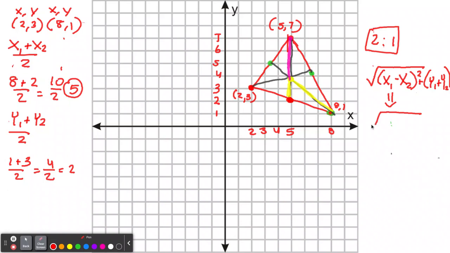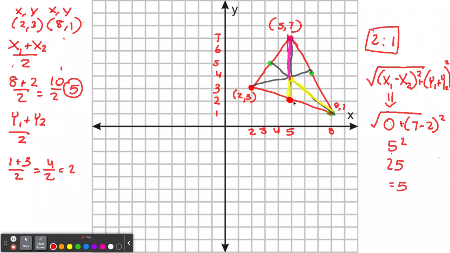The x's are both 5, so that's just 0, and we don't have to worry about that. For the y's, we have 7 minus 2 squared. Remember, there's a square over there. So that'll be 5 squared, which is 25, and the square root of 25 is 5.